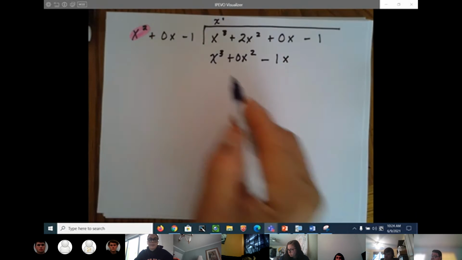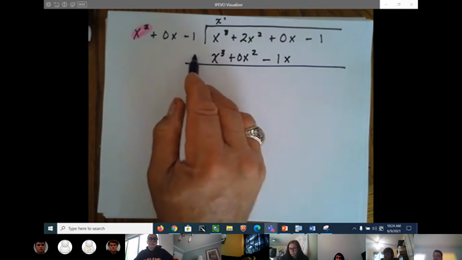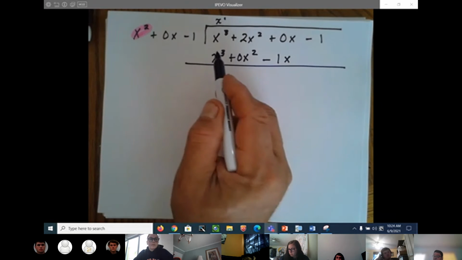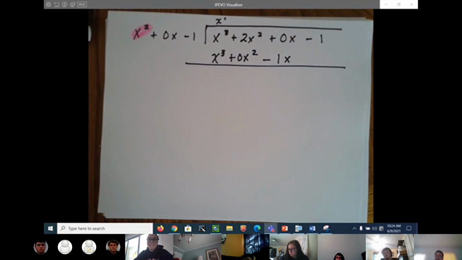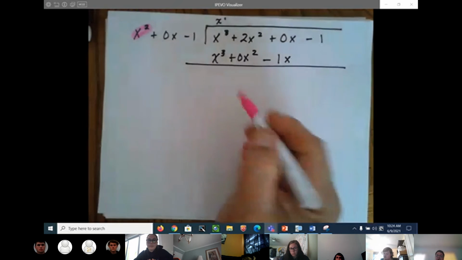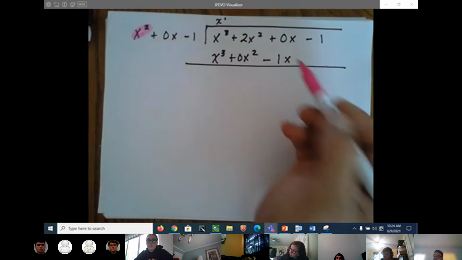We always subtract. Now, some of you like to put the subtraction symbol out here, and some of you like to distribute it? I'm one that likes to distribute it. Since we got 3 terms here, we got to distribute it, or you've got to remember to put the subtraction symbol on each one.